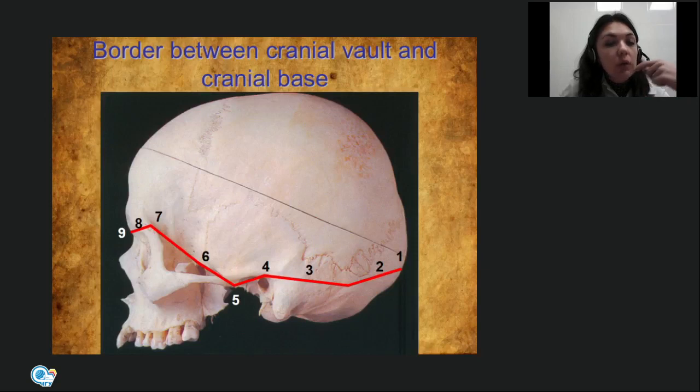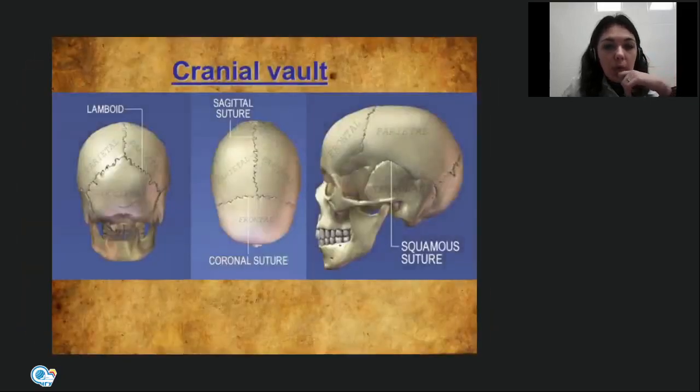Then it goes upward along the frontal process of the zygomatic bone, the supraorbital margin, and then it comes up to the glabella. And then it goes to the other side through the same structures. So that's what you have to memorize.